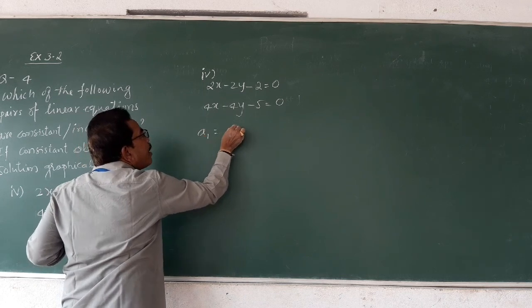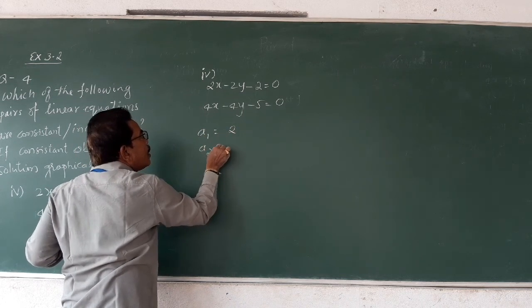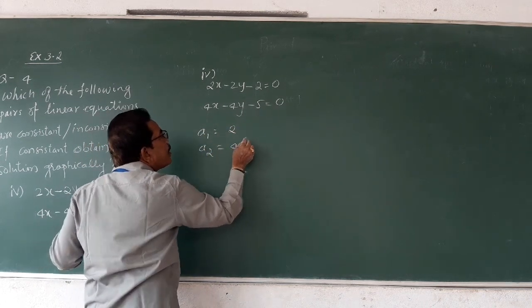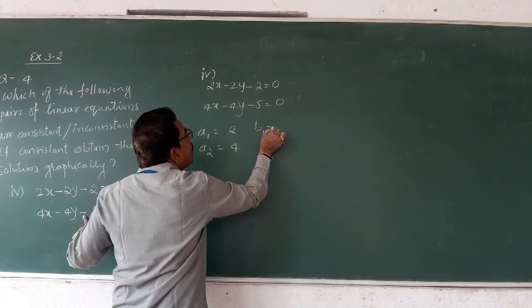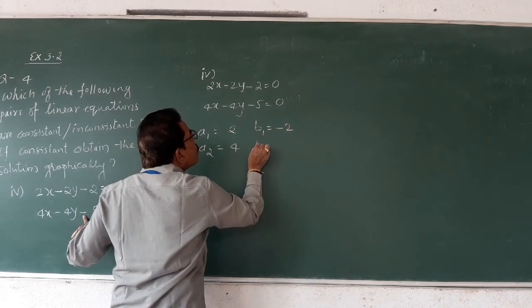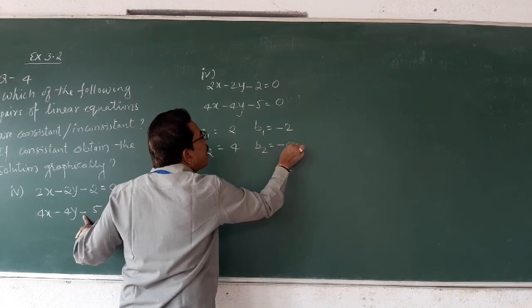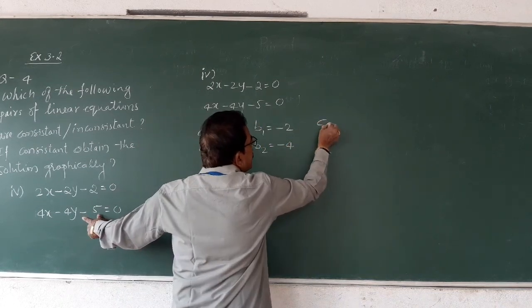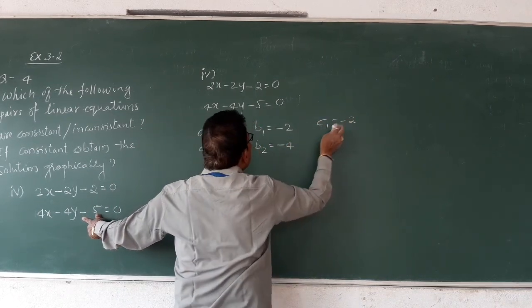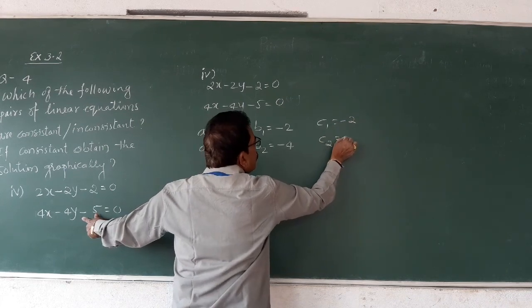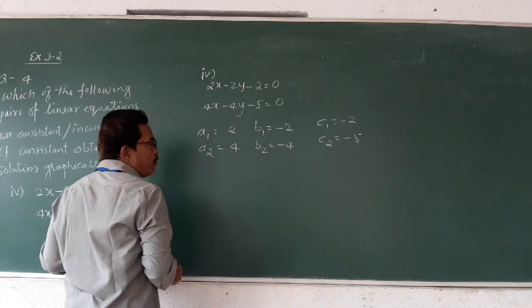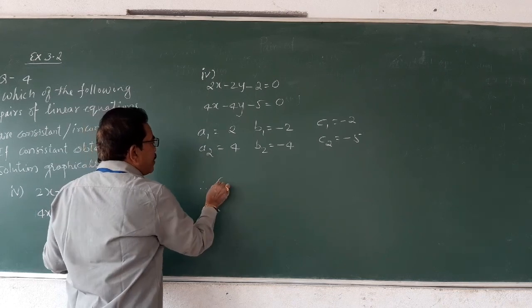Okay, a1 is 2, a2 is 4, b1 is minus 2, b2 is minus 4, c1 is minus 2, c2 is minus 5. Okay, let us compare.